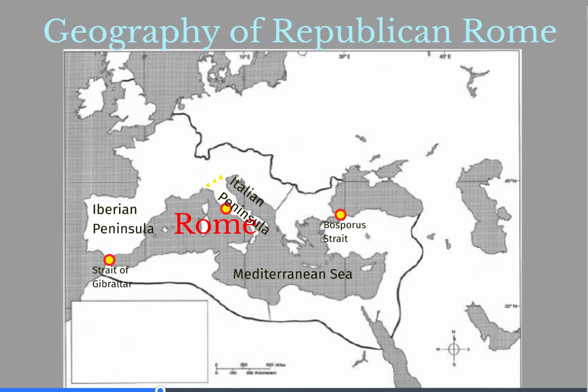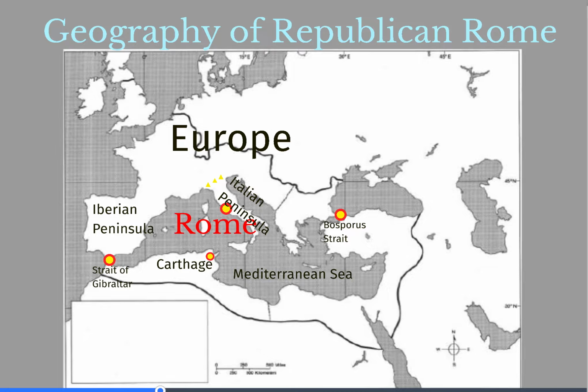So those become sort of the western and eastern bookends of the empire. And as the empire expands, they want to conquer other city-states in the region. So you'll be reading about how Rome conquered a rival city-state, Carthage, in the Punic Wars to gain control of the southern coast of the Mediterranean Sea.